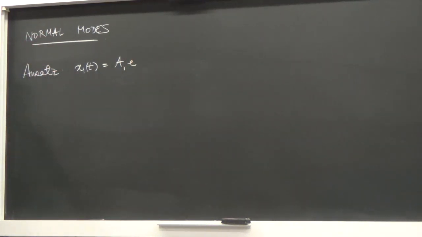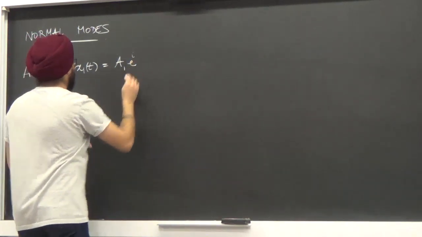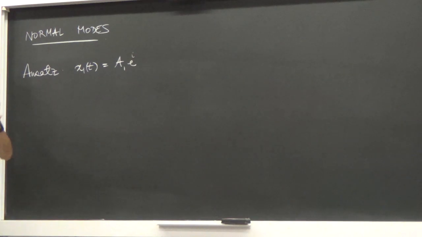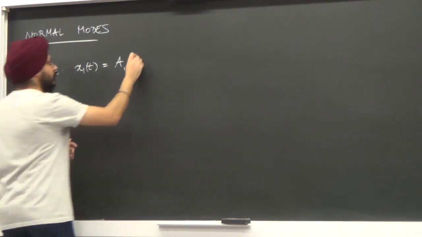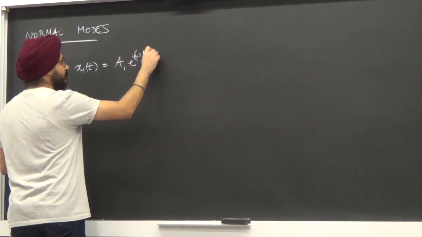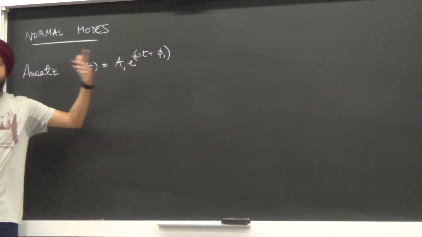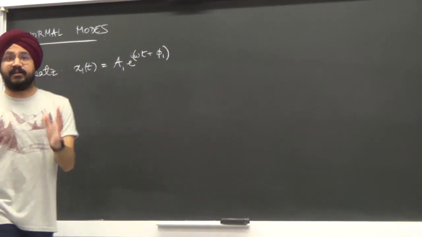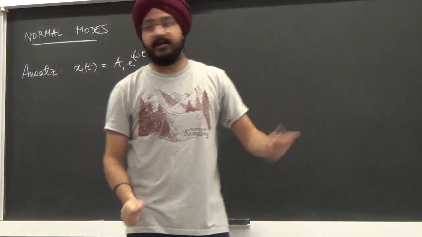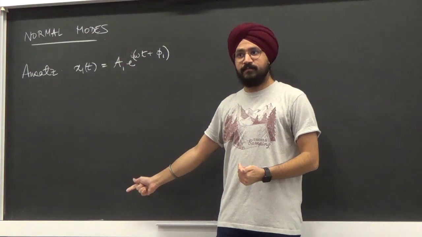I can come back to the reals by just taking the cosines out of the complex. e to the i, and my frequency of choice, generically, let's call it omega, omega t plus some phase phi 1. Again, omega is some number which is undetermined. We want to find that omega for which this becomes a normal mode.